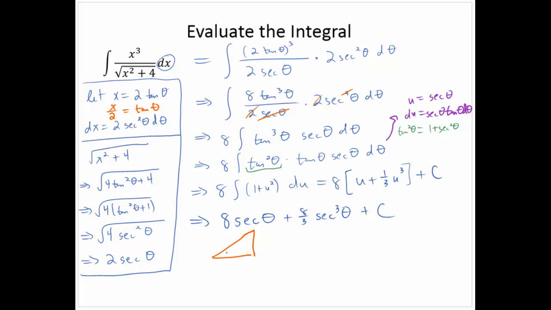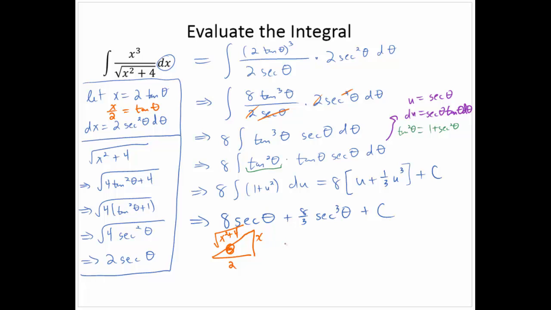If there's my theta, then the tangent of that theta is x over 2. And so I would put an x here and a 2 here, opposite over adjacent. And then the Pythagorean theorem tells me that the hypotenuse would be the square root of x squared plus 4, which should look familiar. Right? We had that square root of x squared plus 4.